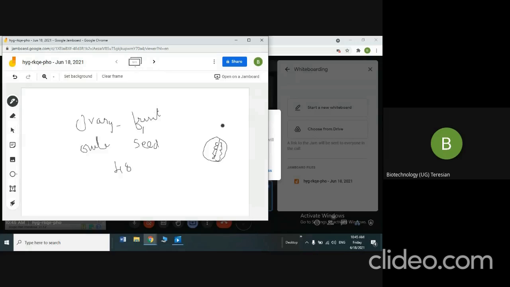Now what I'll do is take a spatula and make a press. When I press over this, the ovary will break open, and all the ovules will be freed from their placenta or funicle, and they will settle on your spatula.